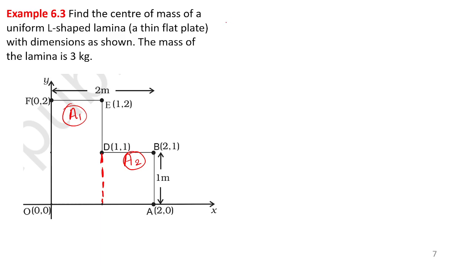Okay. So let me write all the solution here. How will you find the area of a rectangle? Please tell me. Sir, length into breadth. Length into breadth, or breadth into length, whatever. Okay. What is the breadth or length of the first one? Length means this one, the longer side, right?